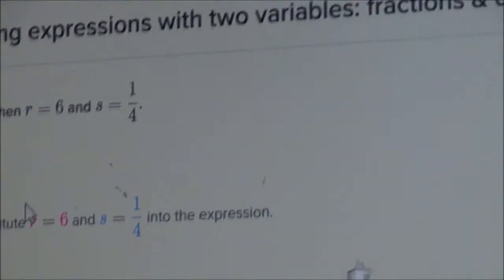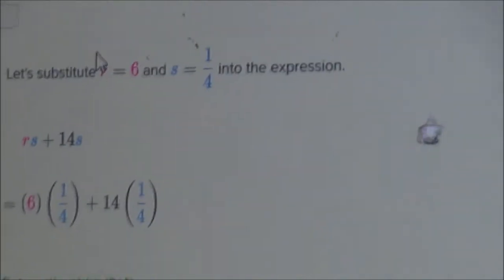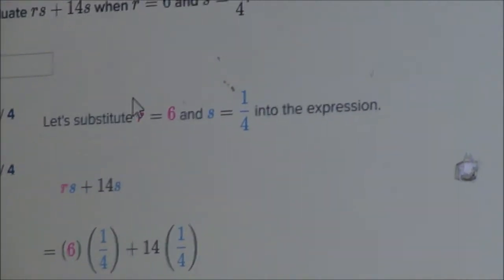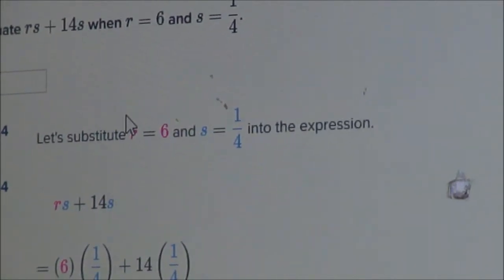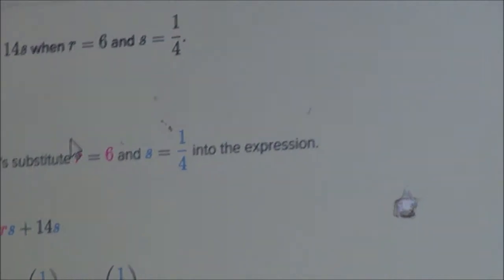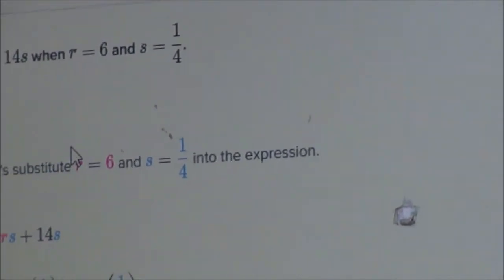Stop. If you cannot do it mentally, do it on paper. Don't confuse yourself. 4 times 4. 16. So you have 24 and 16. What do you do with them? Add them.